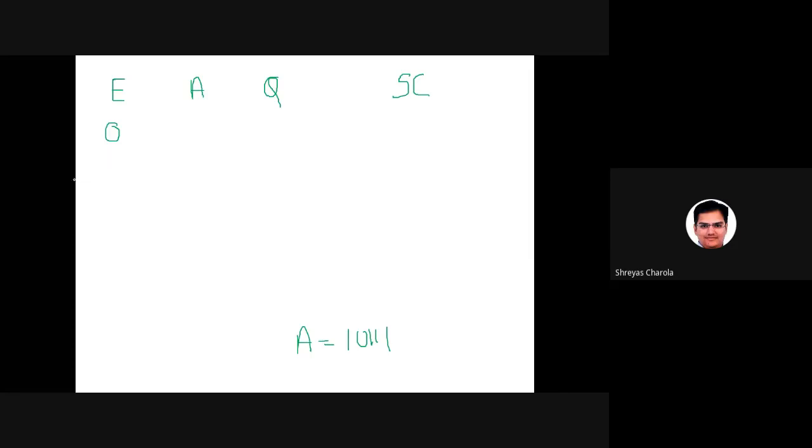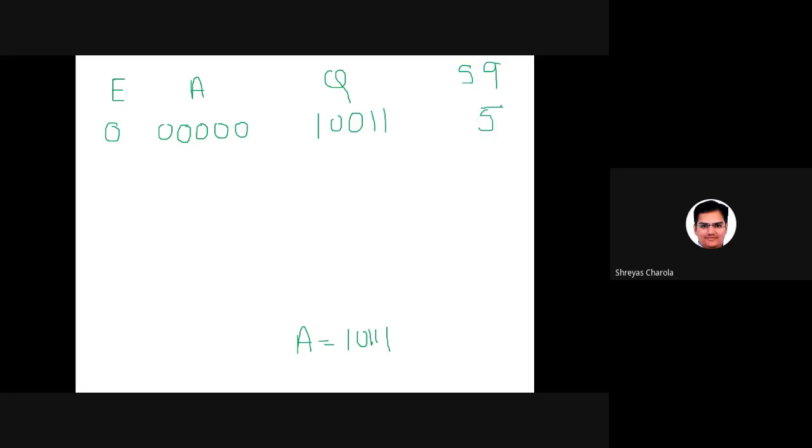Another number in the accumulator, initially I am considering 5 bits, 00000. The Q I am considering as the value of B, I am writing it with some space, as another number, that is 10011, and the sequence counter, that is 5.